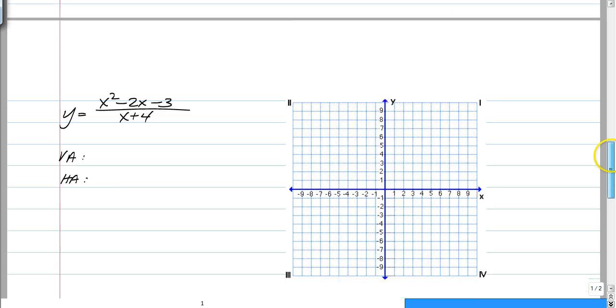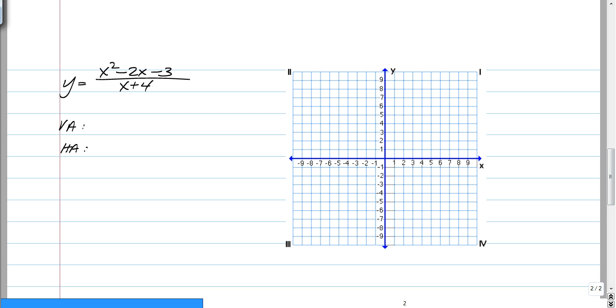Last example. So this is what happens when we have more x's in the numerator. For our horizontal asymptote, really quick, you have an x squared over x. That's more on top, so you do not have a horizontal asymptote. For the vertical asymptote, always set the denominator equal to 0. So you're going to get x equals -4.